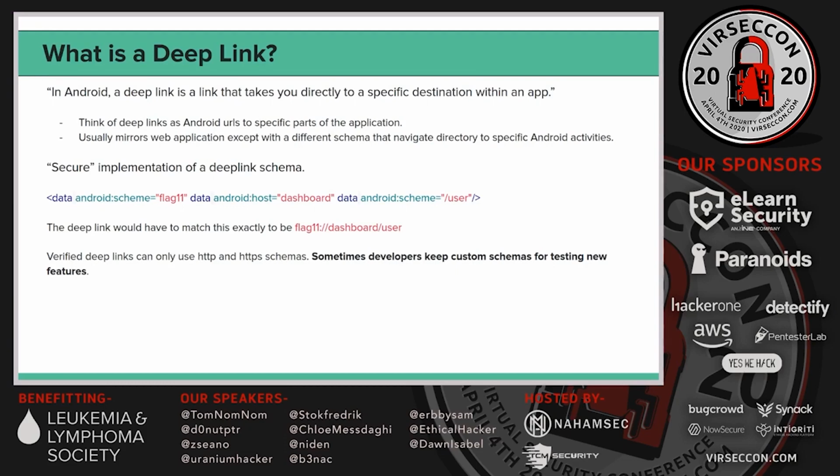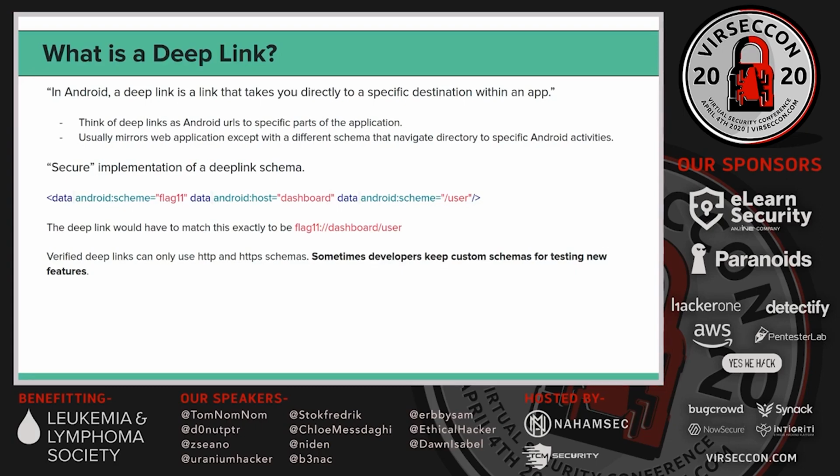There are some more secure ways to implement deep link schemes, and you can specify a scheme, host, and then the specific endpoint, and this will make it a lot less susceptible to exploitation. The only thing with this is that if this is still a state changing deep link, it doesn't really help. And what I mean by state changing deep link is if it modifies anything in a user's account, it can still be targeted by CSRF.